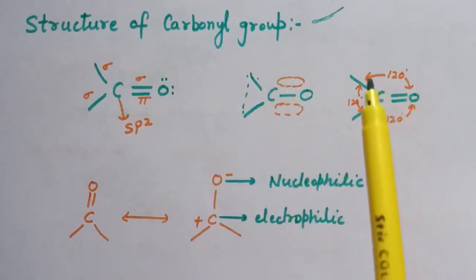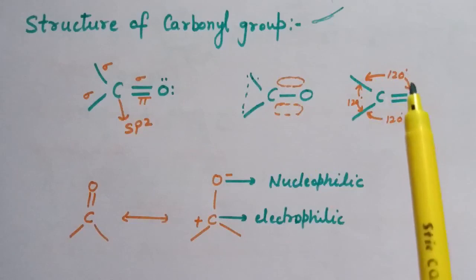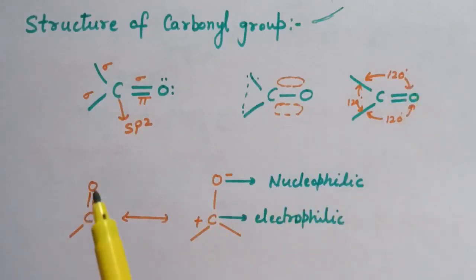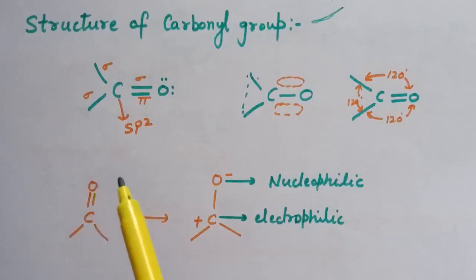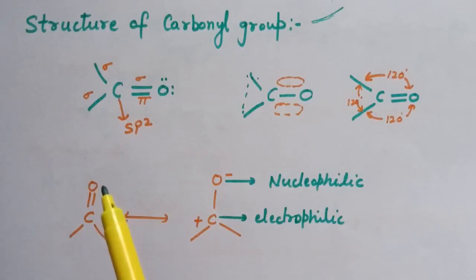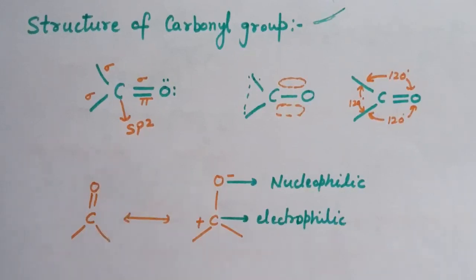The bond angle is expected to be 120 degrees, and due to difference in the electronegativity of carbon and oxygen, this carbon-oxygen double bond is highly polar, and this carbonyl carbon is an electrophilic center, and this carbonyl oxygen is a nucleophilic center. So this is all about structure of carbonyl group.